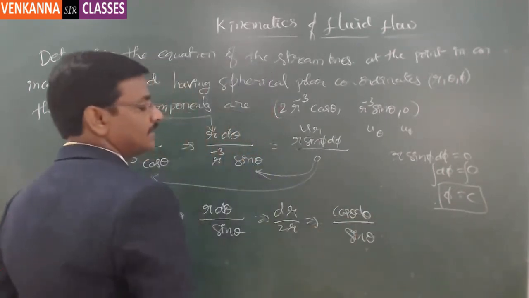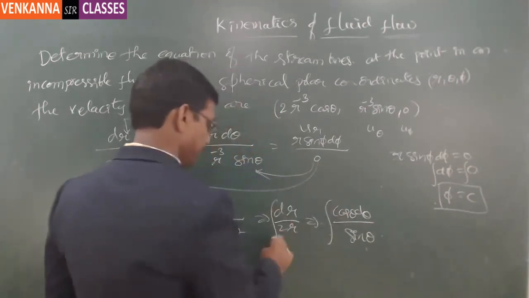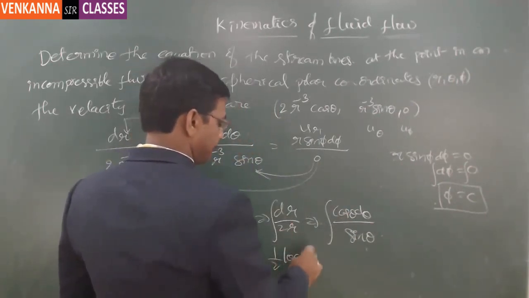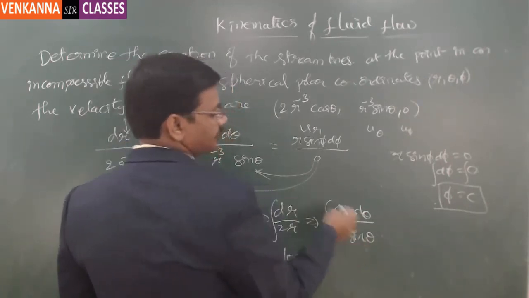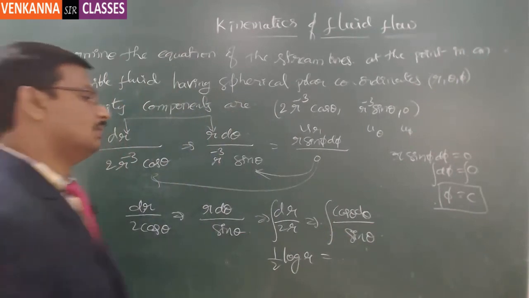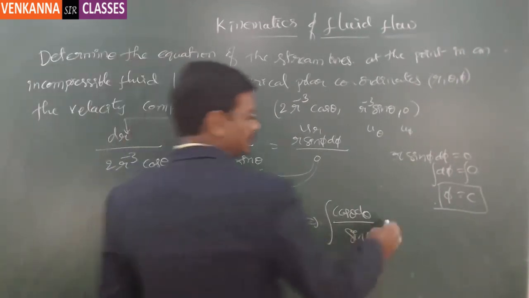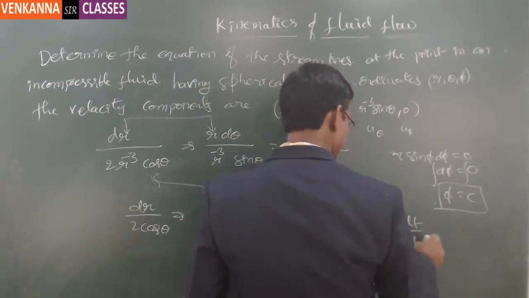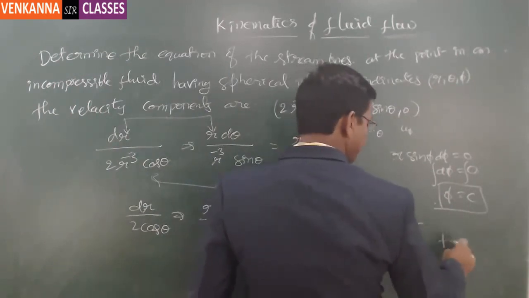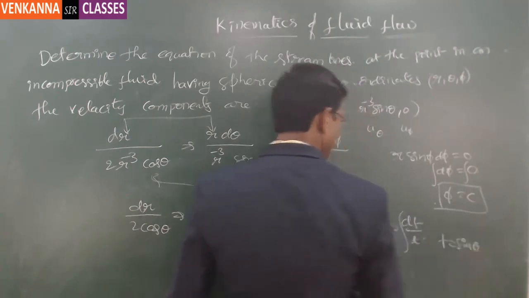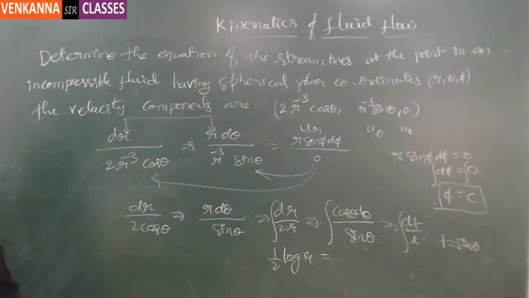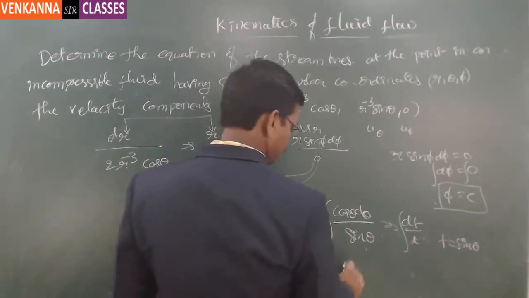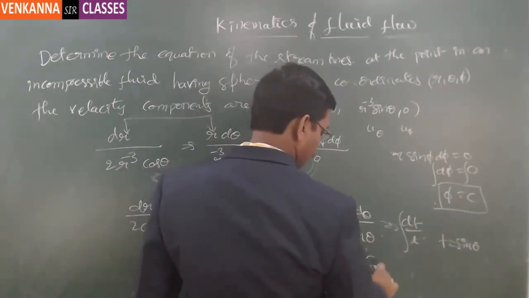Now, if I take sin theta as t here, then the derivative of sin theta is cos theta, so this is dt by t, where t is equal to sin theta. Got it? So half log r is equal to log t, so log of sin theta.